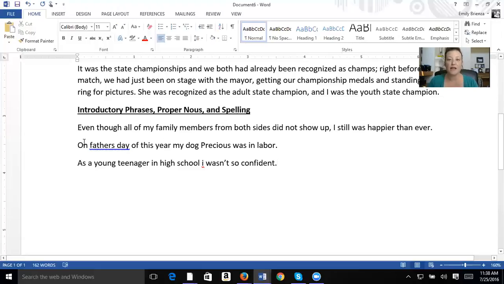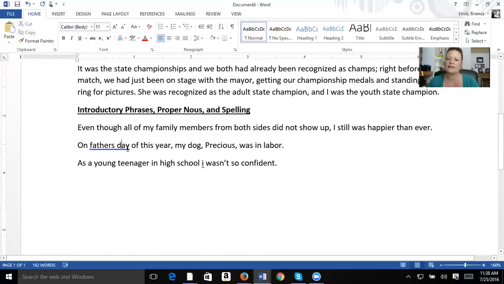Same thing here. We have an introductory phrase. On Father's Day of this year, comma, my dog, comma, Precious, comma, was in labor. We often have commas around a person or animal's name because I could just take Precious out. I could just say my dog was in labor. So Precious is background information, so it needs the commas. Right here we need a comma because this is the introductory phrase that introduces the main point of the sentence.